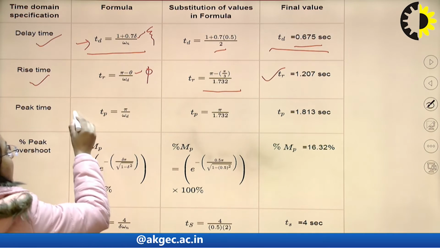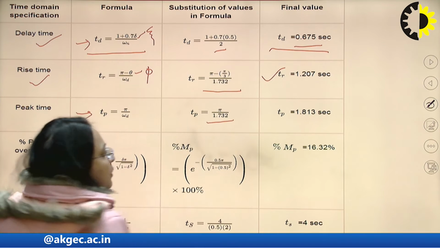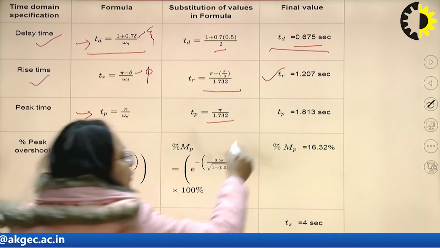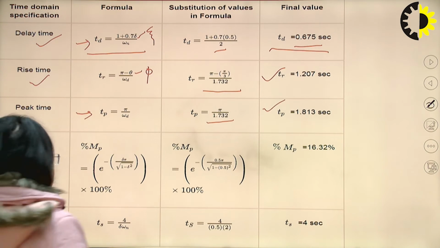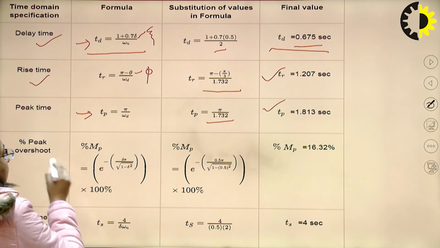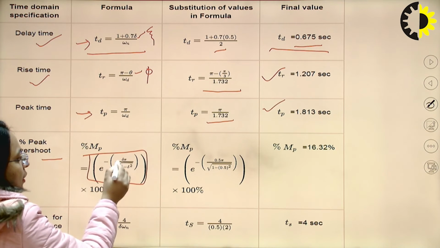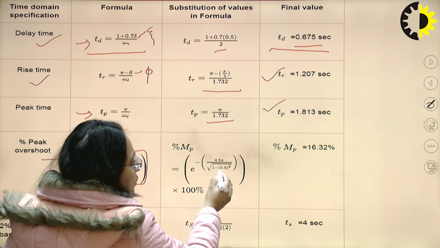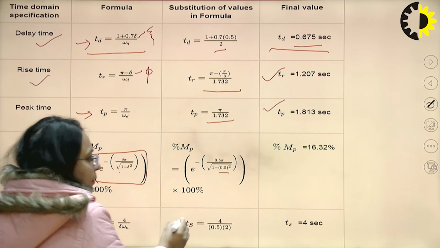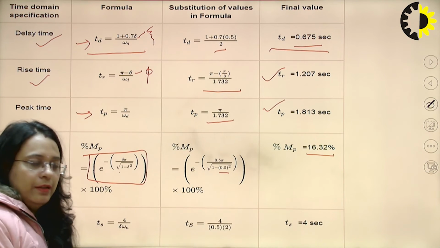For the peak time, the formula is pi by omega d, and putting omega d as 1.732, we get TP as 1.813 seconds. For peak overshoot, the formula is e raised to the power minus pi zeta upon under root 1 minus zeta square. Putting zeta as 0.5, it comes out to be 16.32 percent.